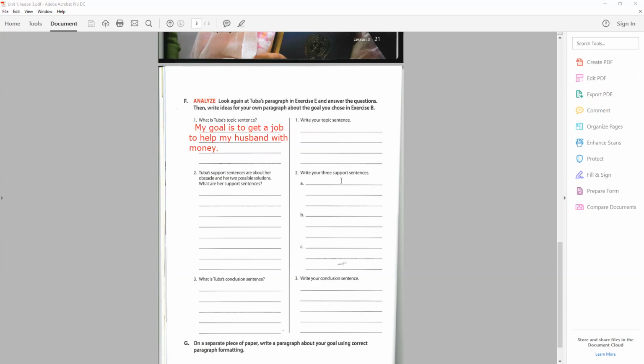Now let's get number 2. It says Tuba's support sentences are about her obstacle and her 2 possible solutions. What are her support sentences? Think about that one for a little bit.